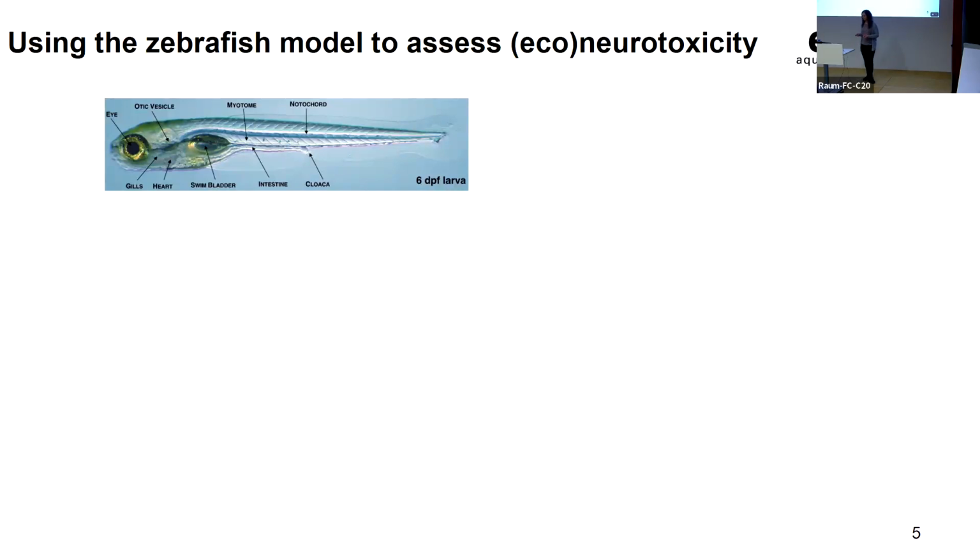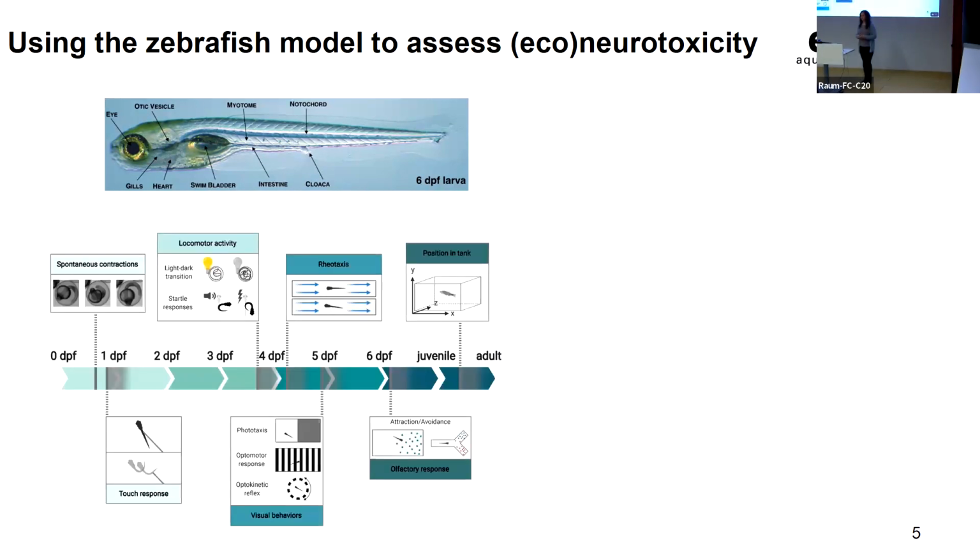And the zebrafish model is particularly well suited for this type of studies because it has transparent larval stages, and you can observe organ development from fertilization onwards. And next to other advantages in this model, the zebrafish larvae also show quite a lot of behavioral reactions already early on.